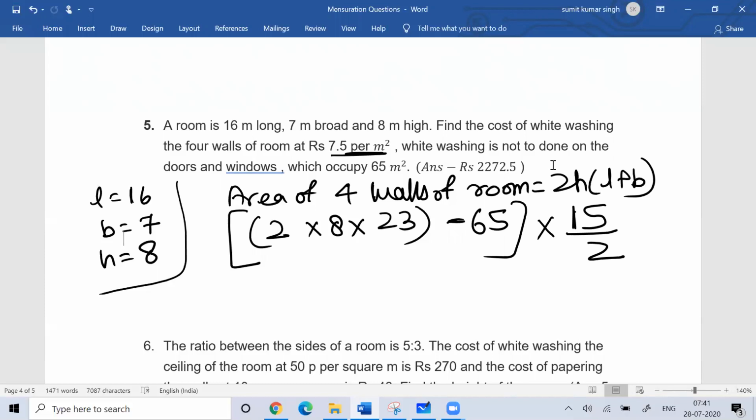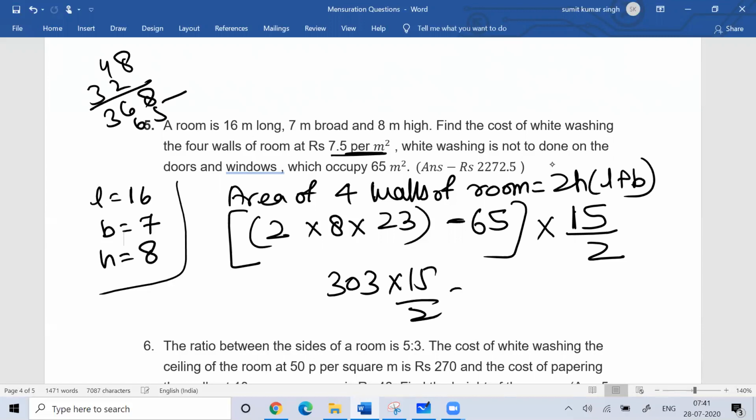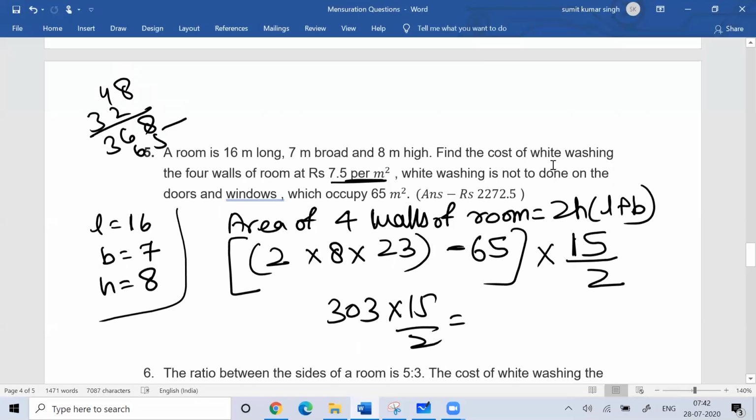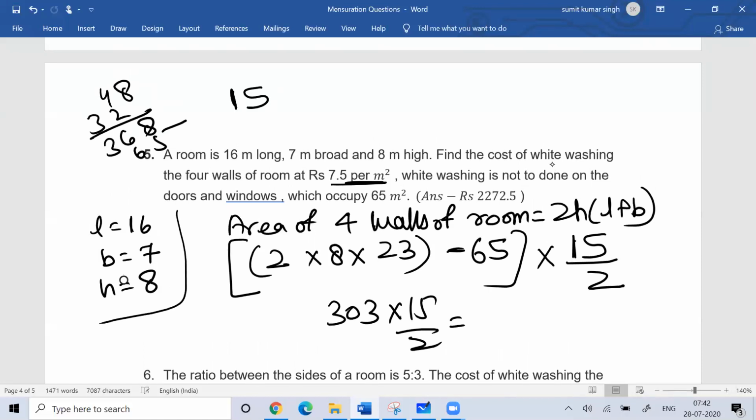So this is 16 into 23, that is 2 into h into (L plus b). 16 into 23 is 368, minus 65, you get 303 into 15 by 2. 303 into 5 is 1515, and 303 into 1 is 303.